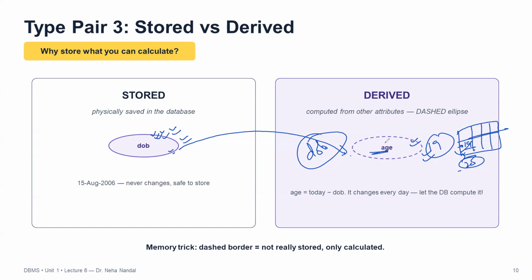So don't maintain age, maintain date of birth in the database, and age will be derived from date of birth. That's why a derived attribute is represented by a dashed ellipse. Dashed border, because it is not really stored, it will be calculated on demand. That type of attribute is called a derived attribute.